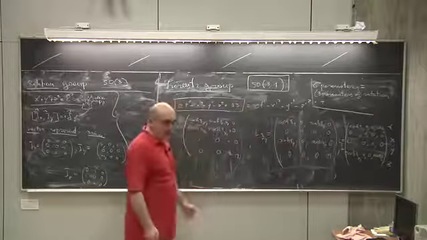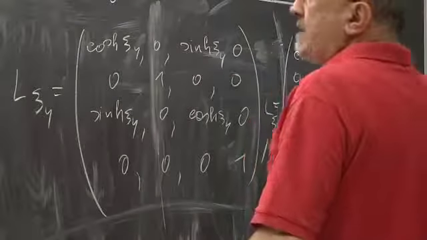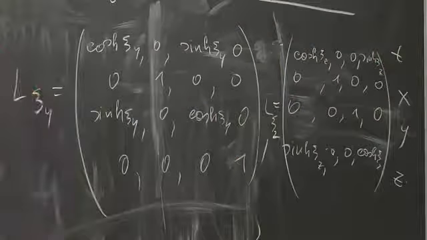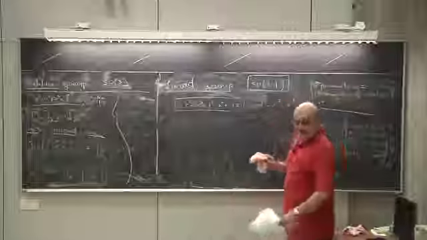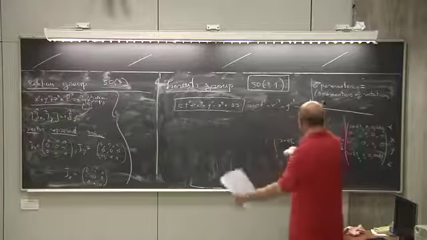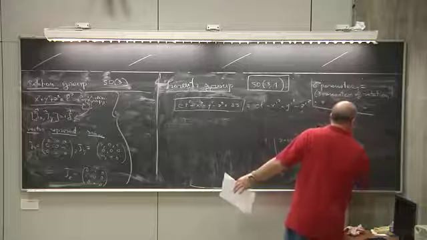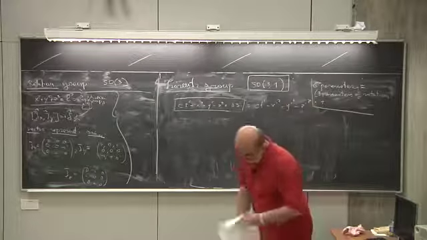This is a representation. We have found that there are rotations inside and there are boosts. How many boosts do we have? 3. These are in the notes, which I'll send after the class to your classmate.